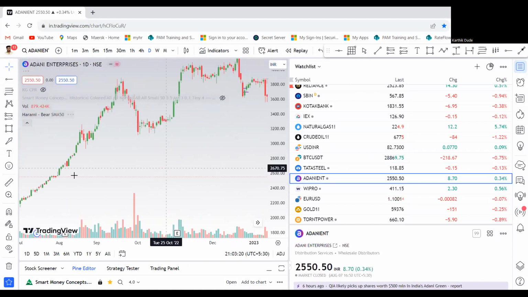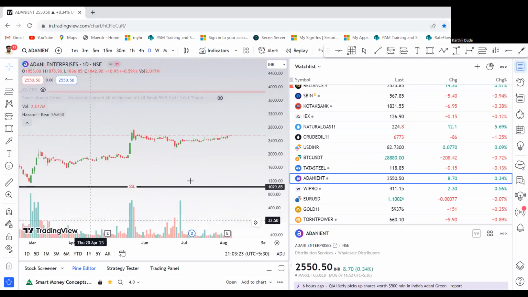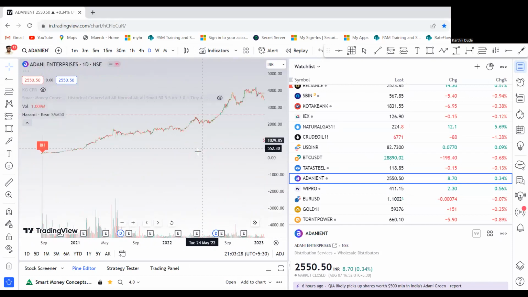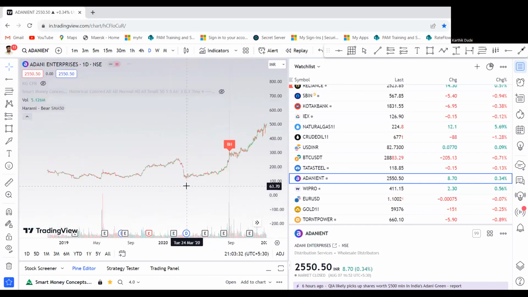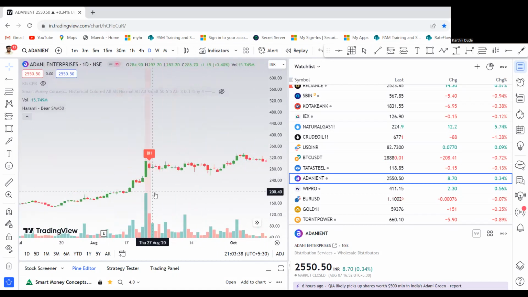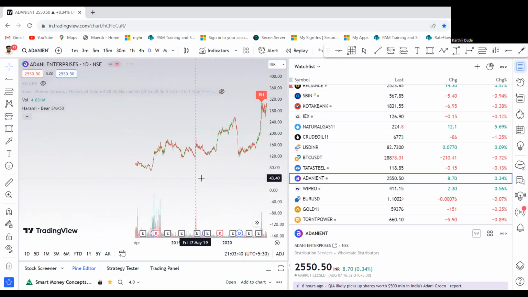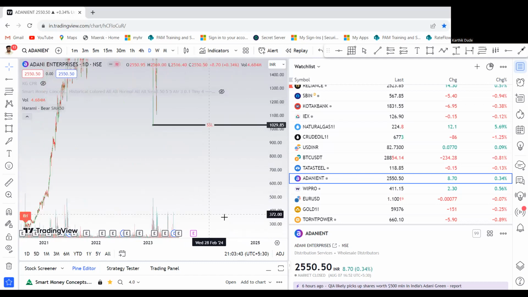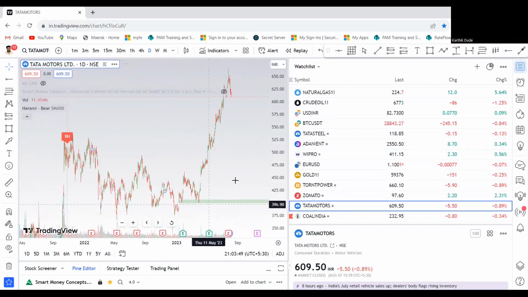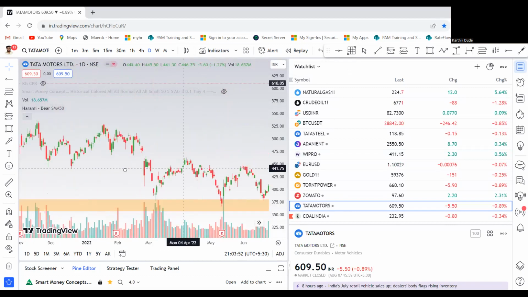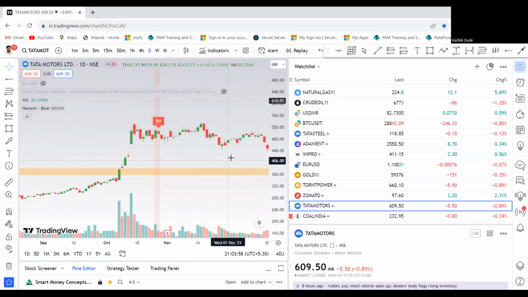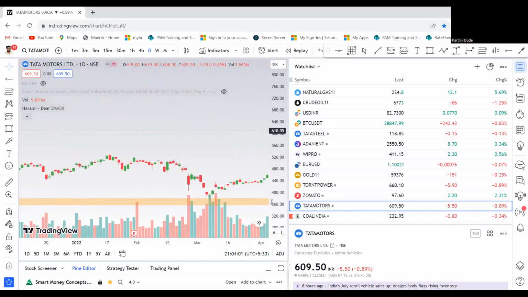Let's check in Adani if we have it. I see here a Harami candle is formed, but price hasn't respected it. It started moving up drastically. So we don't have any example for this. Let's check somewhere else. Tata Motors. So these are all giving false signals, I guess.